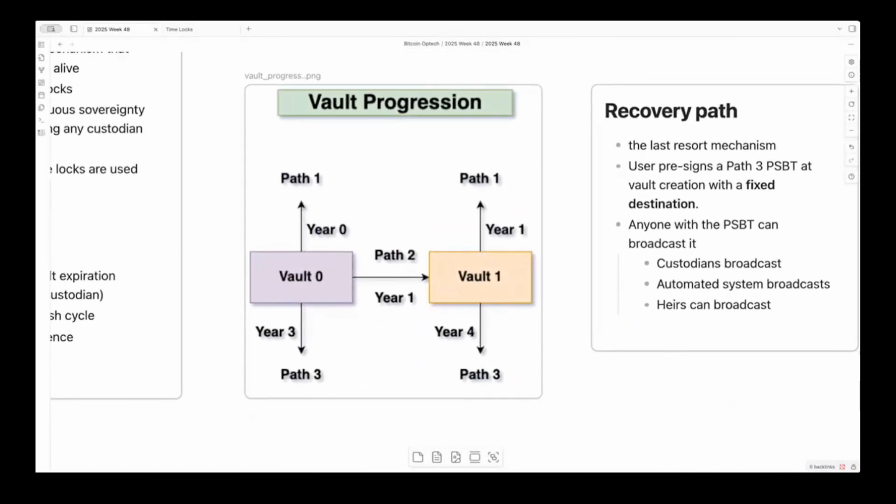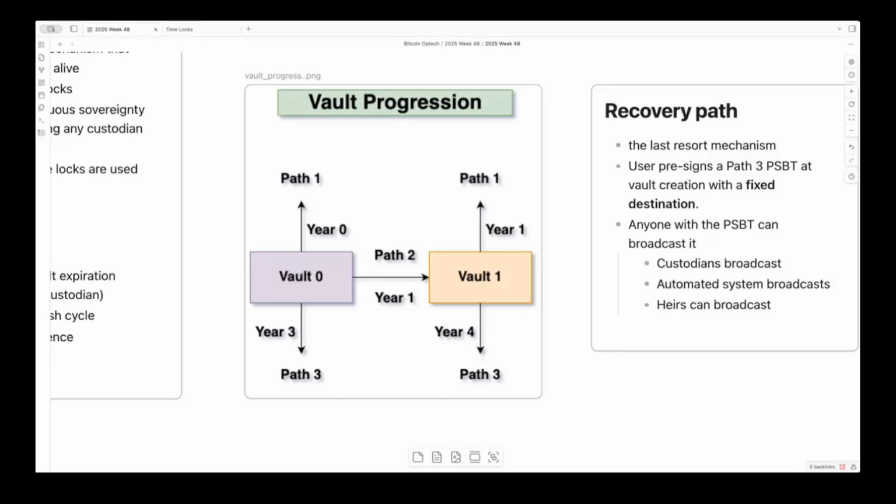So this is a vault progression that usually happens. This is your year zero. Now you have three paths to spend, but at year zero, you have only one path. After year one, path one and path two become eligible for you, and path three is still not available. But what you do is move this entire transaction to the new vault after year one.